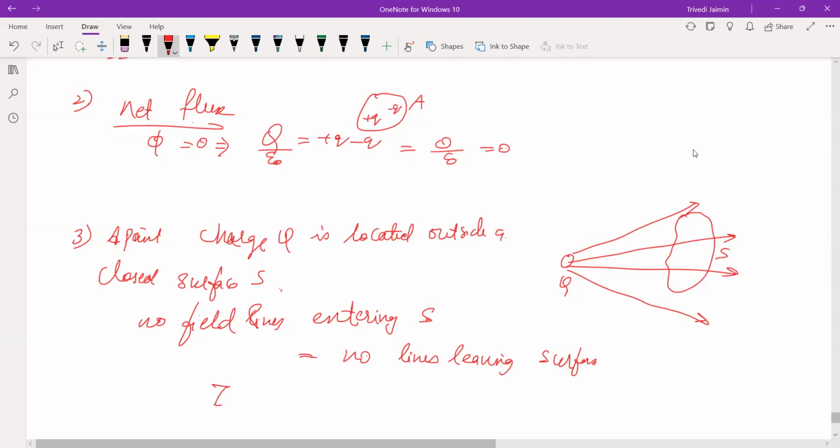So net flux is 0. The condition is that no charge inside.